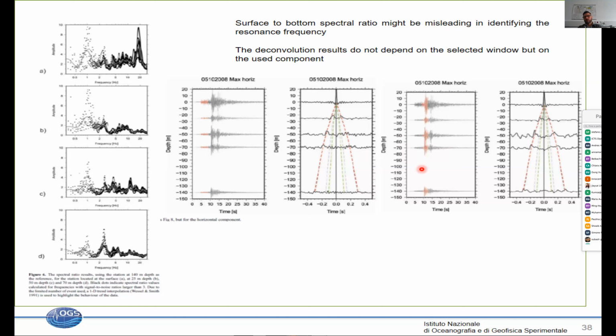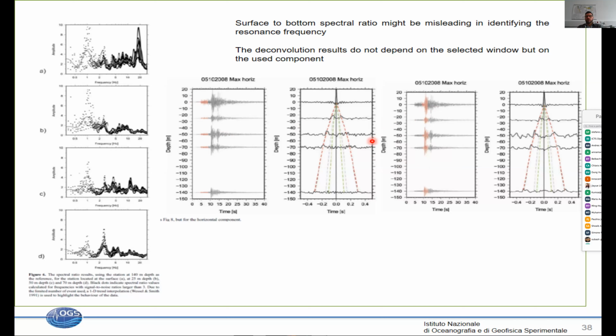If I want information about P-wave propagation, again, it doesn't matter if I select a window on the P-waves or on the S-waves, but what is important in that case is that I use the vertical component of motion.